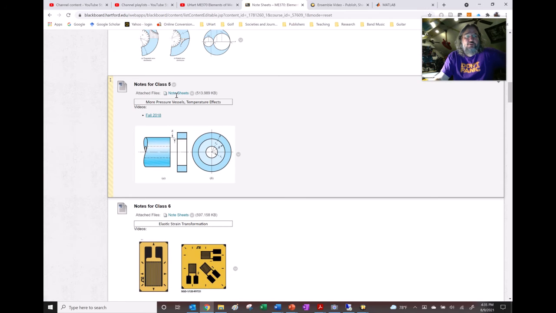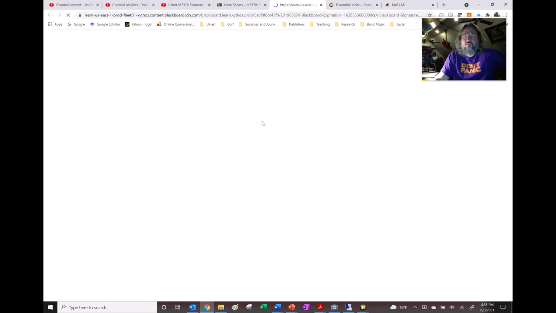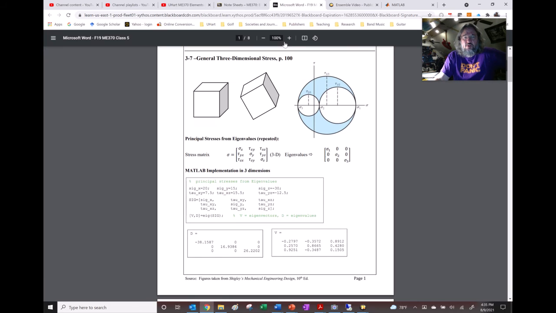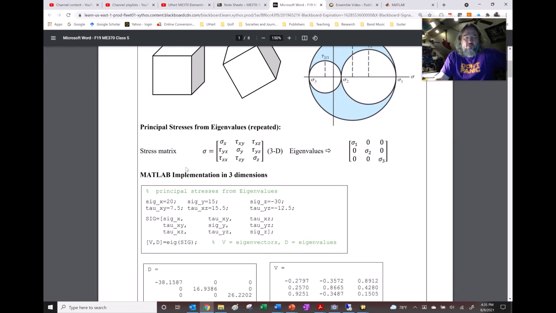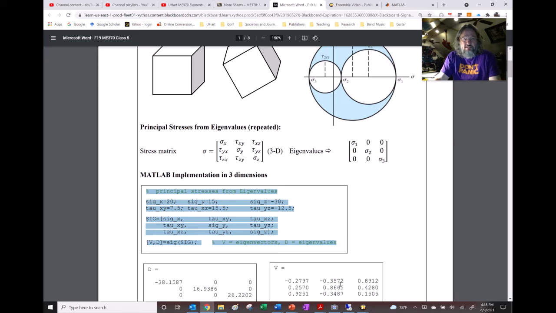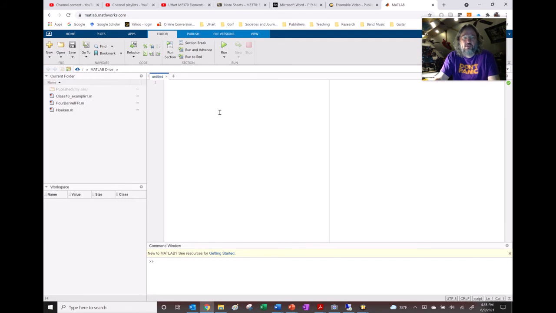And here are our note sheets, and this will have the videos on them soon when I'm done with them. We go to class 5, and because you save these PDFs, because why wouldn't you, you could just highlight this, hit Control C, and then go over to your Matlab and hit Control V.